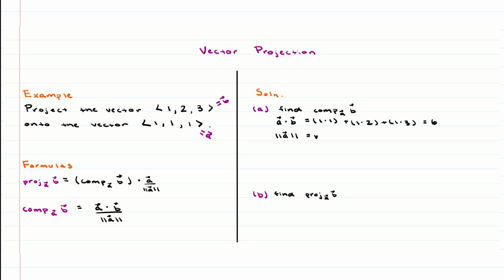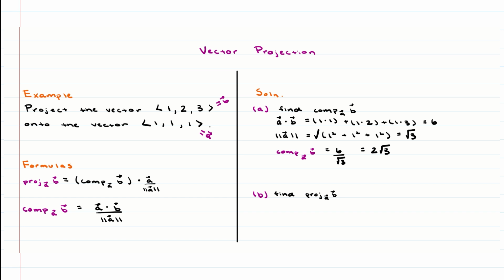This equals the square root of 1 squared plus 1 squared plus 1 squared, which simplifies down to the square root of 3. So at this point, we see that the component of b with respect to a equals 6 over the square root of 3. And this can be rewritten as 2 square root 3.